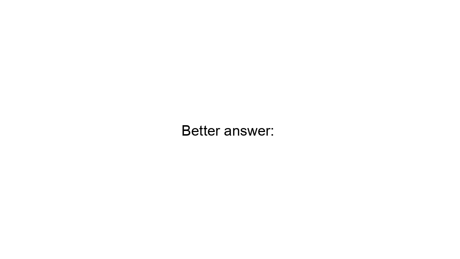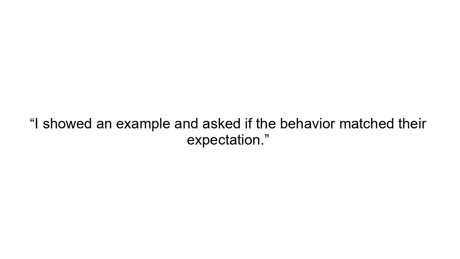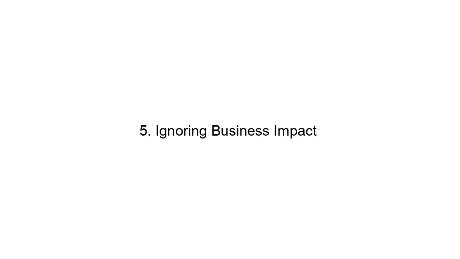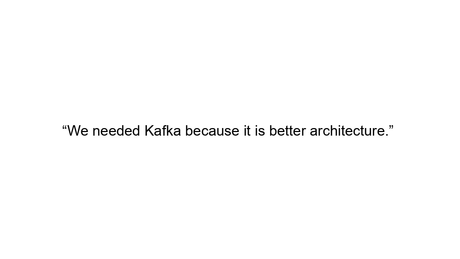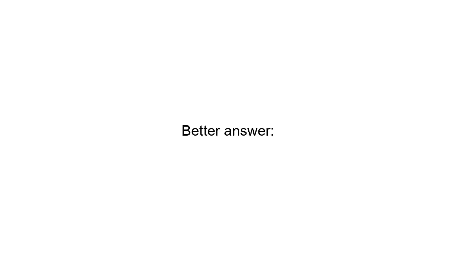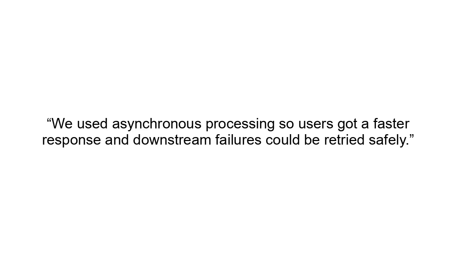Better answer: I showed an example and asked if the behavior matched their expectation. 5. Ignoring business impact. Bad answer: We needed Kafka because it is better architecture. Better answer: We used asynchronous processing, so users got a faster response, and downstream failures could be retried safely.